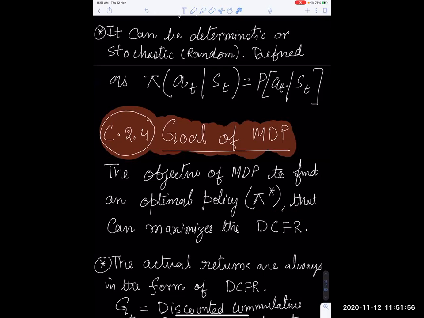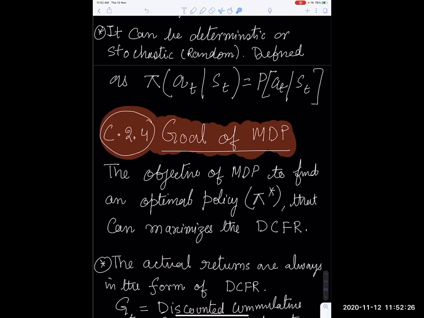And if you understand that any optimal behavior, if you choose any sub part of that optimal behavior, it also has to be optimal. We all understand that if it's the shortest path, anything in between also has to be a shortest path. Otherwise it's not possible that the whole thing is actually a shortest path. So which essentially means that is the best DCFRs that you are going to get.